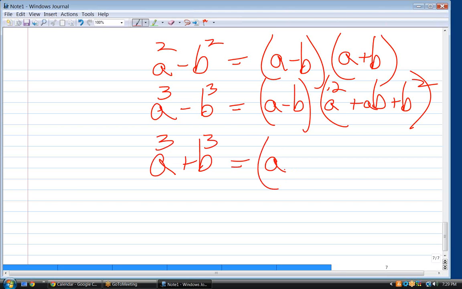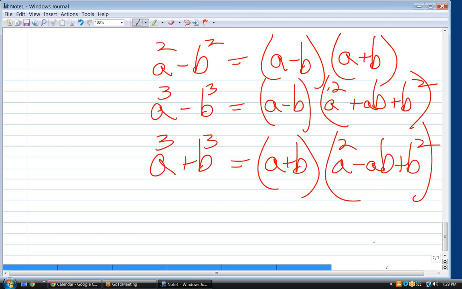The first term is the same sign. The second term is the opposite sign. Now you can see why I like to put this first, because in all three cases, the first linear term is the same sign as the problem we're trying to factor. That's the reason I think the order is significant.